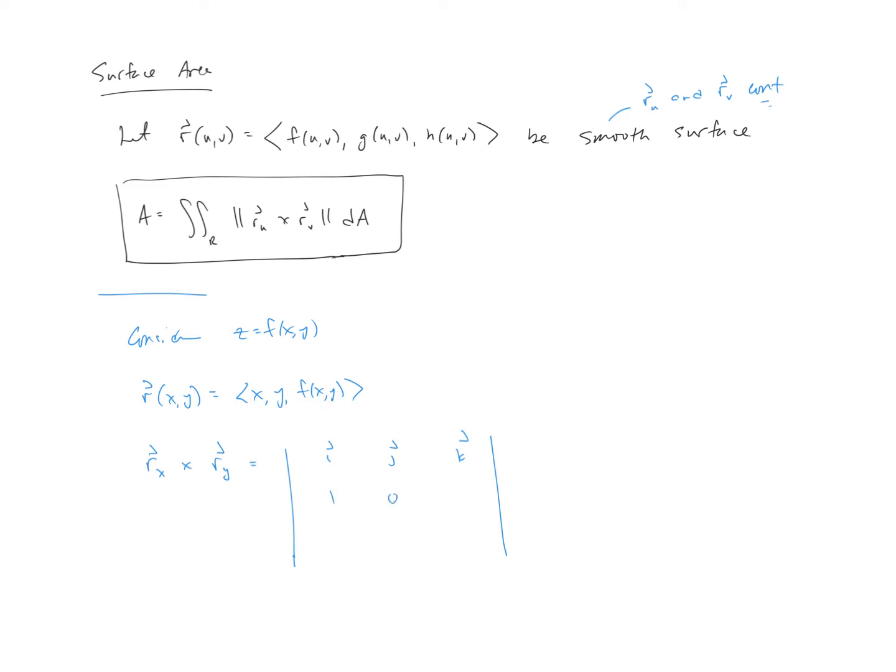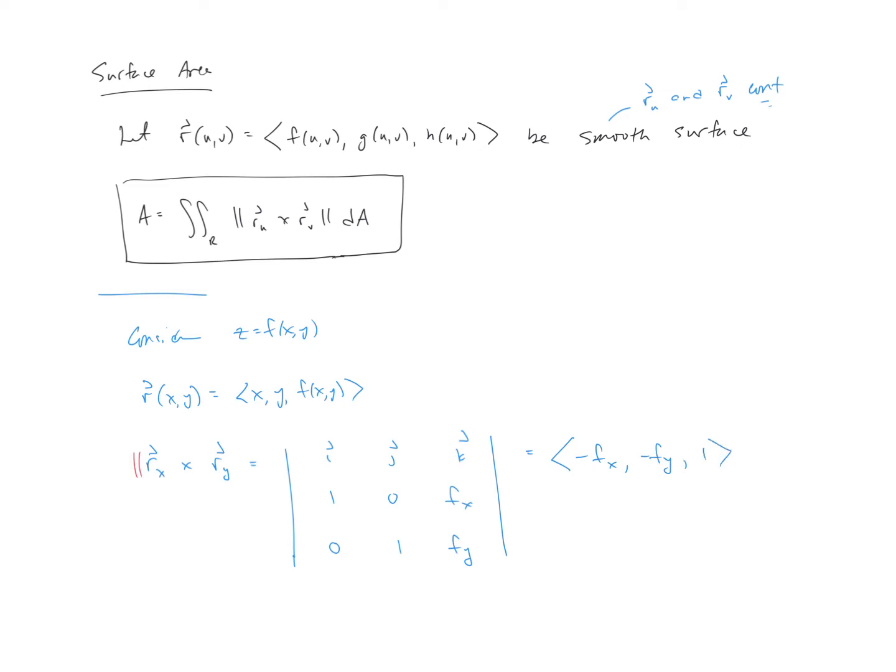So 1, 0, f sub x. And then the partial with respect to y would be 0, 1, f sub y. When we run this determinant now, that's going to give us negative f sub x, negative f sub y, and a 1.